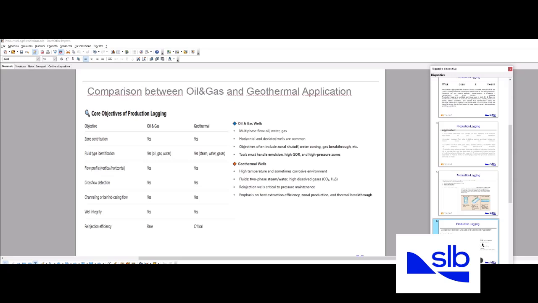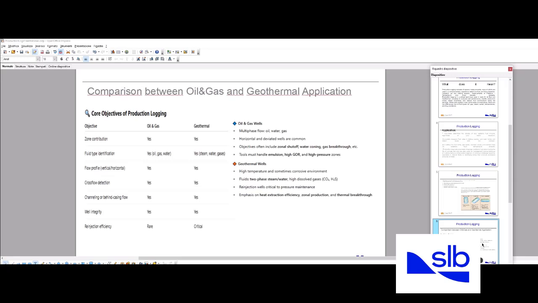Fluid types identification: we can identify oil, gas and water in classical reservoirs, but we can also identify steam, water and gases in geothermal reservoirs. Flow profile, there is a good application in flow profile also. Flow profile means the distribution of water in horizontal and vertical wells in classic reservoirs like oil and gas, but also in geothermal.